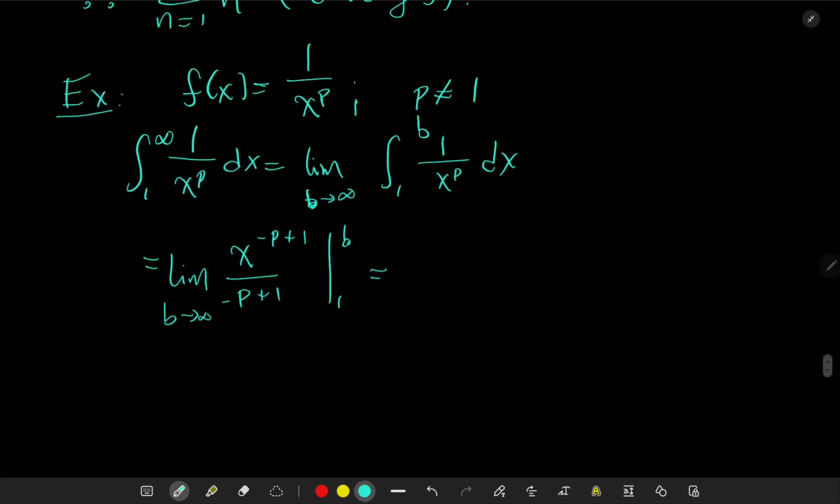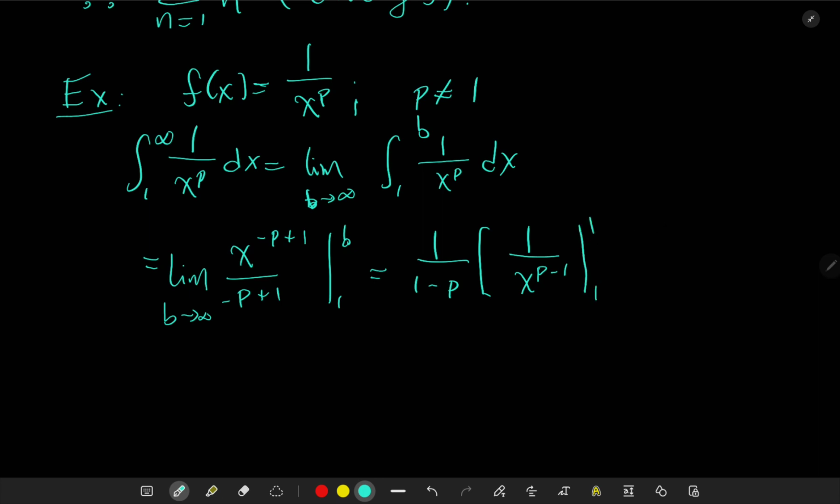All right, so what does that look like? You're going to write it as 1 over 1 minus p. That term doesn't affect us in any way. And then x to the 1 minus p; changing the signs, because I'm going to put it in the denominator, so I multiply by negative, it's going to be x to the p minus 1.